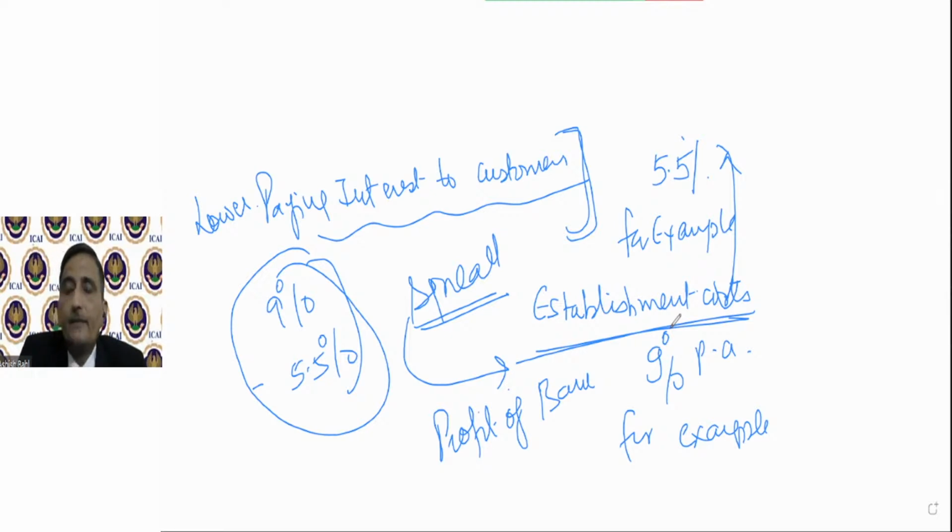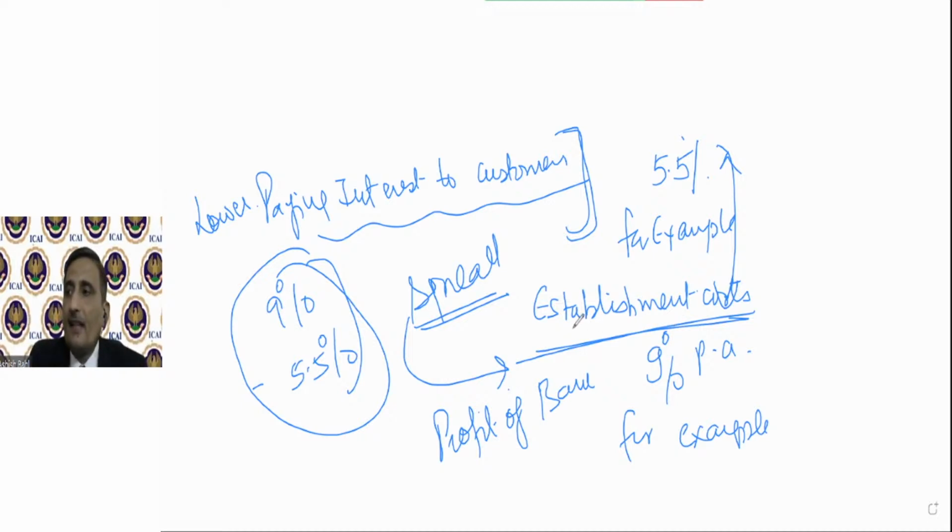Is that clear? So this is how a bank functions. The basic thing you have to understand is that the bank earns its income by accepting deposits at a low rate and lending money at a higher rate, in very simple layman terms.